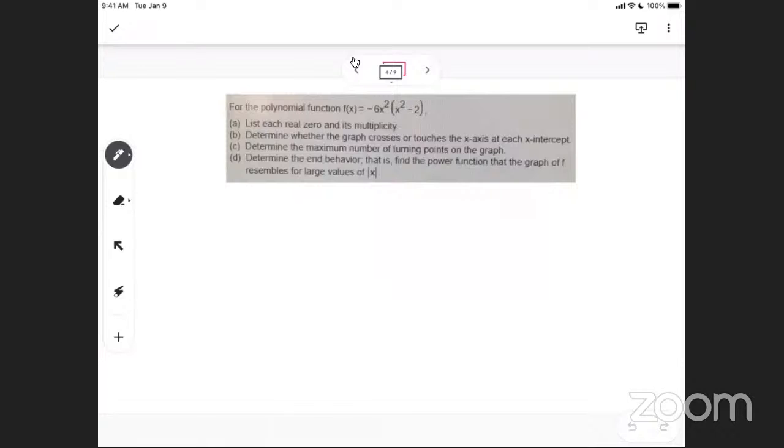For the polynomial function, list each real 0 and its multiplicity. Okay, so let's just do that quickly. So the real zeros that I have here, I've got x squared equals 0, and I've got x squared minus 2 equals 0. So one of my zeros is x equals 0, and the multiplicity is 2 for that one. And then my other zeros, I actually have the zeros of x squared equals 2.